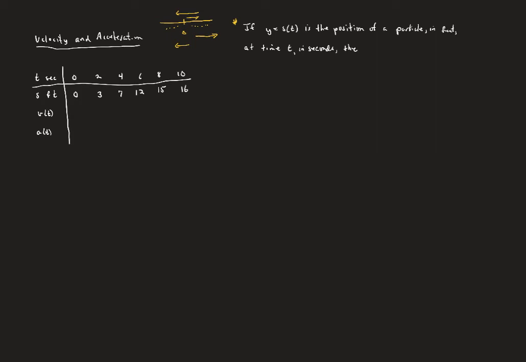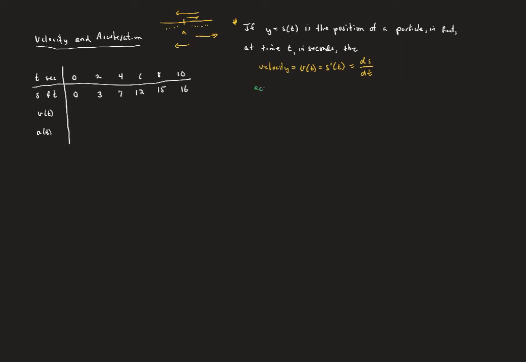Okay, so in general, if s of t is our position, then velocity, which we often call v of t, is the first derivative of position. We can write that either as s prime, or using Leibniz notation, as ds dt.